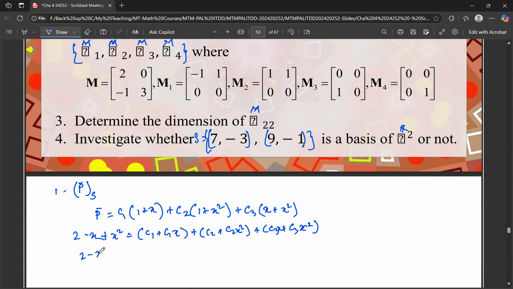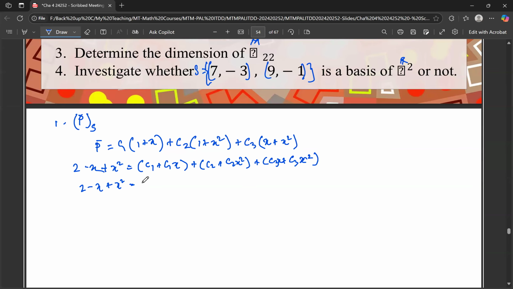So this is the constant, or constants C1 and C2. We have C1 plus C2, because the constant comes from C1 and C2, plus then the coefficient of X will be C1 plus C3.